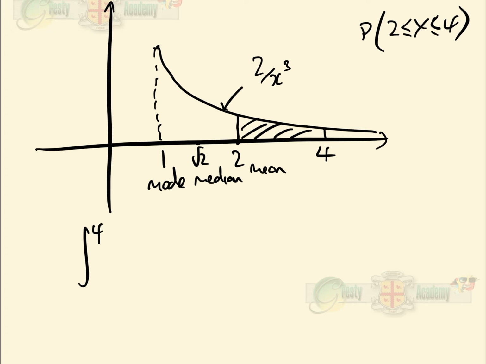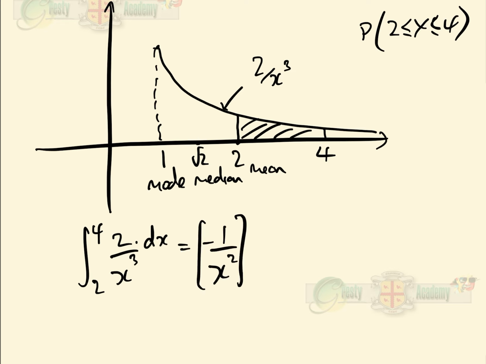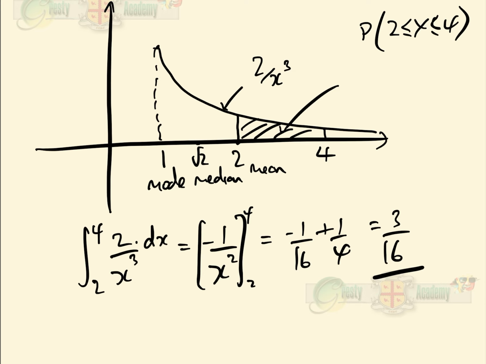So let's just have a look what it is. It's going to be the integral between 2 and 4 of 2 over x cubed dx, which equals minus 1 over x squared, between 4 and 2, which equals minus a 16th, add a quarter, which equals 3/16. And so therefore we know that the probability that the continuous random variable is going to land between 2 and 4 is equal to 3/16.